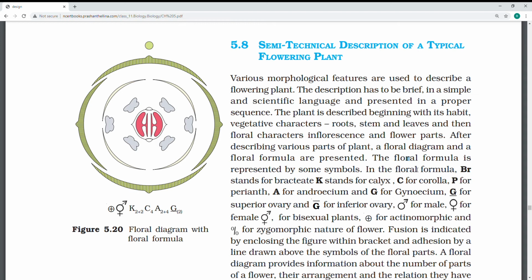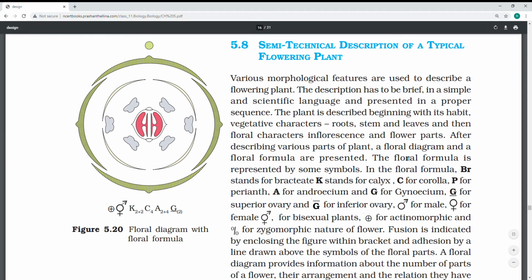Before that, the definitions. These are various morphological features used to describe a flowering plant. The floral formula is a symbolic representation of essential facts of the flower. When we are writing, you see the diagram which they are giving, plus a symbol. There is a plus symbol they have given, and bisexual, see the bisexual, and K 2 plus 2.